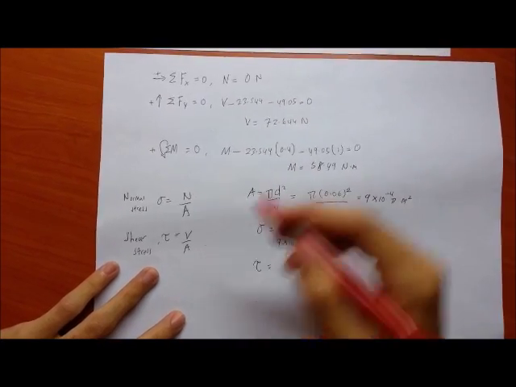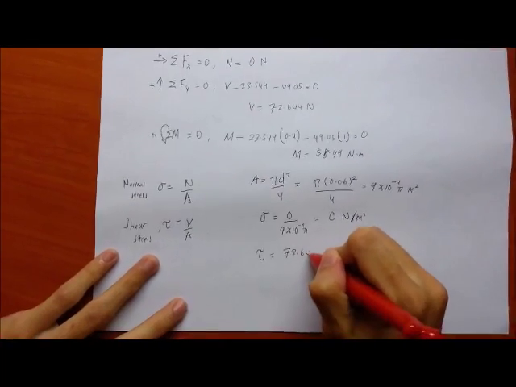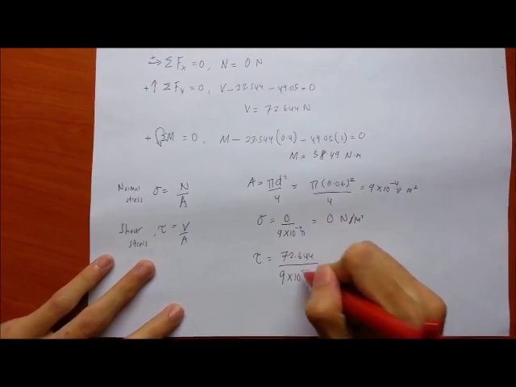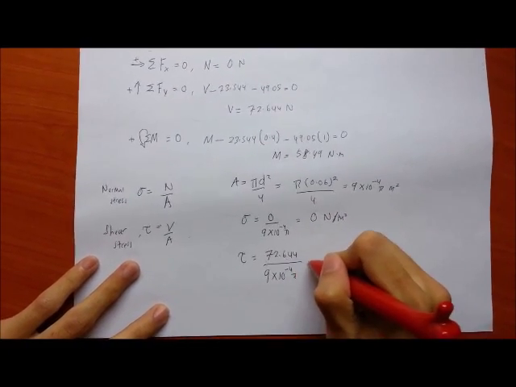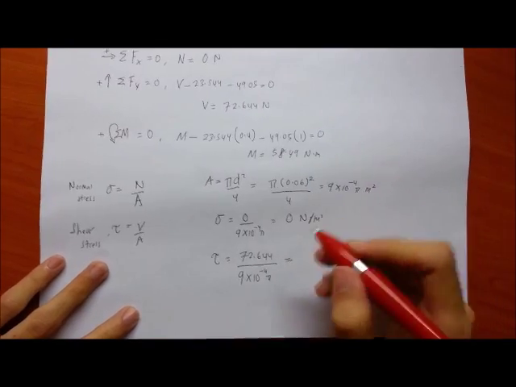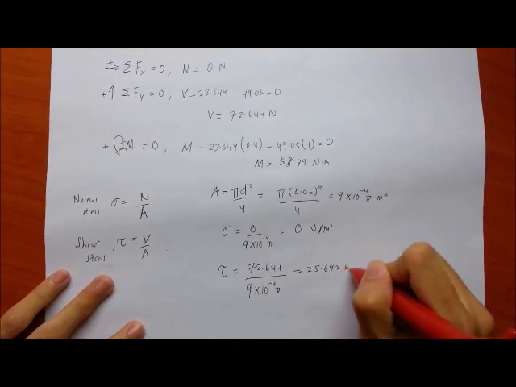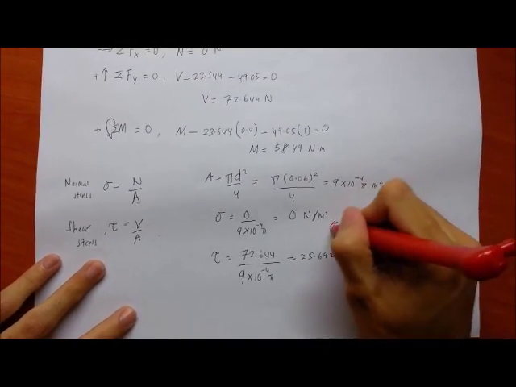We have V here, 72.644 Newton, divided by the area, 9 times 10 to the power of negative 4 pi. Then we get 25.692 kilonewton per square meter. This is the final answer.